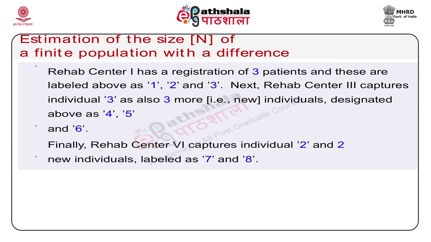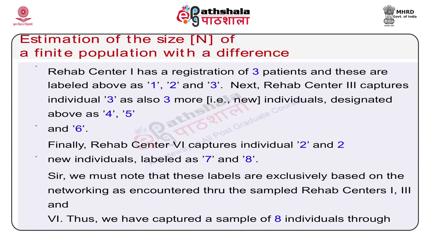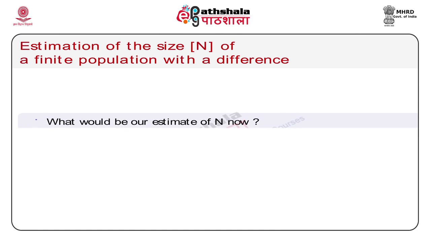Finally, Rehab Center 6 captures individual 2 and 2 new individuals labeled 7 and 8. So we must note that these labels are exclusively based on the networking as encountered through the sampled rehab centers 1, 3 and 6. Thus, we have captured a sample of 8 individuals through the process of sampling. What would be our estimate of capital N now?